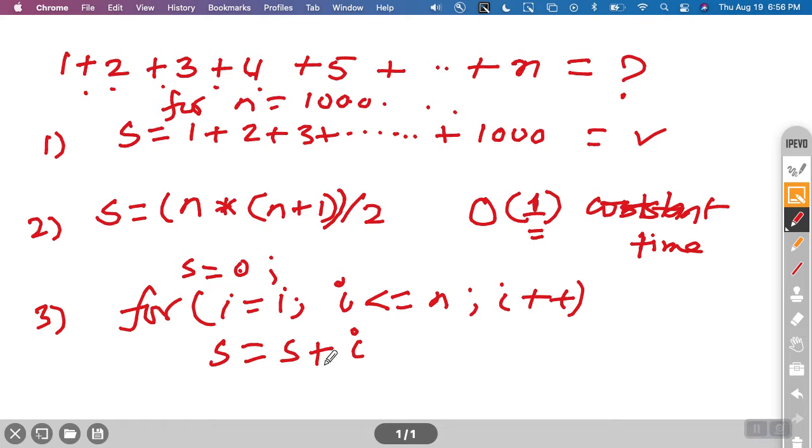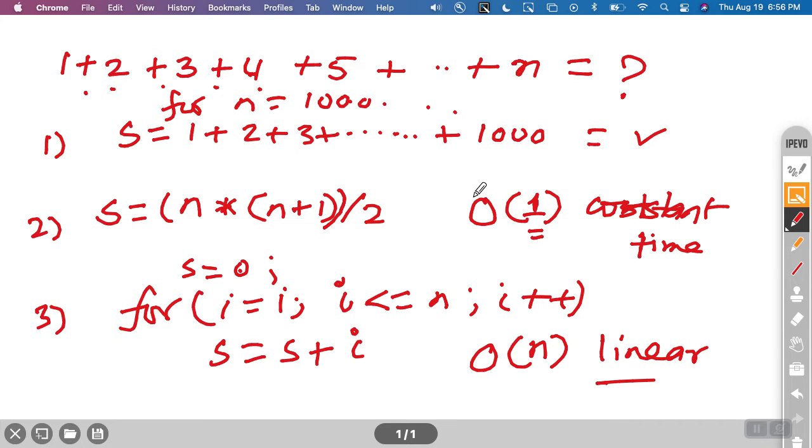Then how about if I write my equation like this? What will be the time complexity? N. Yes, it is n. This is linear, right? How about this one?